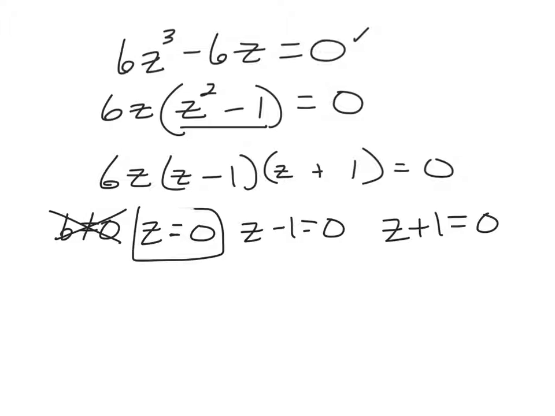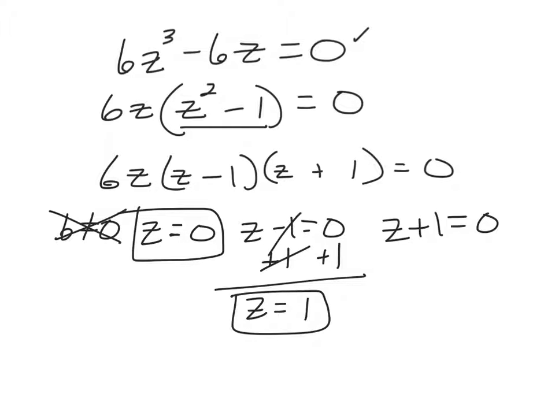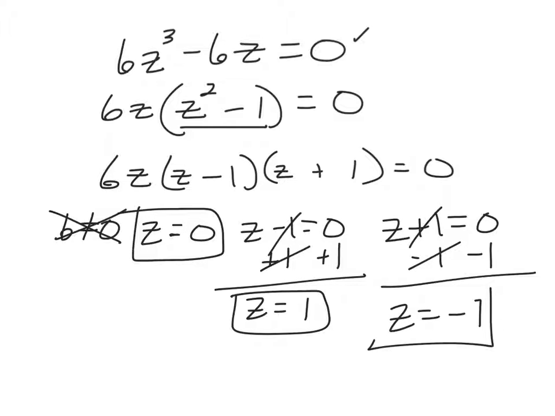This first one's already done. That's kind of nice. And on the second one, we just add 1 to both sides. So z will equal 1. And on the last one, we'll subtract 1 from both sides. Get those to cancel, and z will equal negative 1. So here's an equation with 3 different solutions: 0, 1, and negative 1.